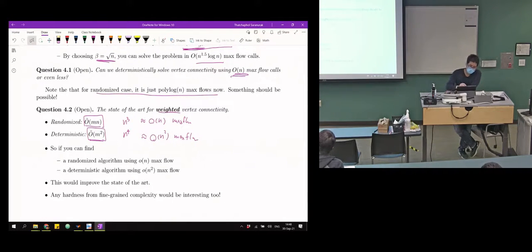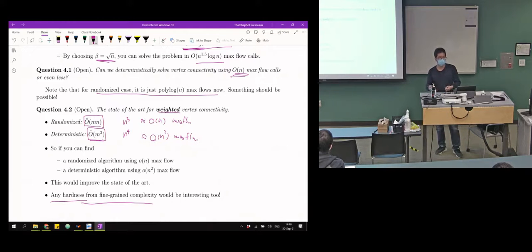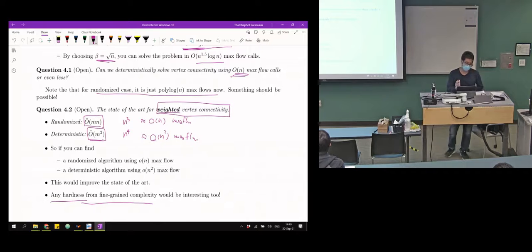Okay. Or actually, is it hard? Is there some fine-grained complexity reduction possible to show that it's hard? I kind of believe that it should be hard. It shouldn't be linear, but I don't know really.